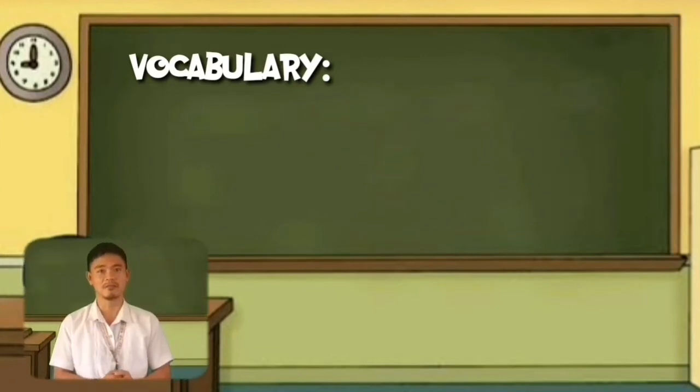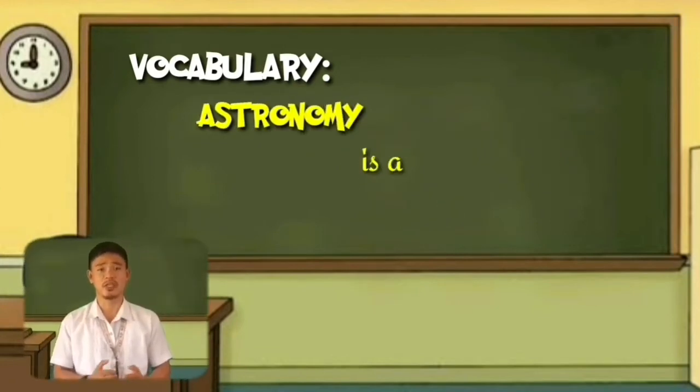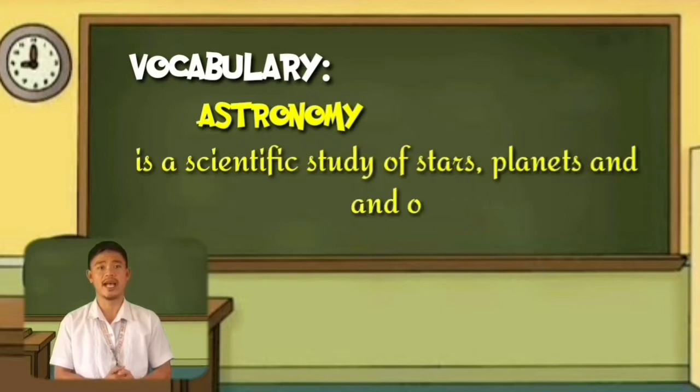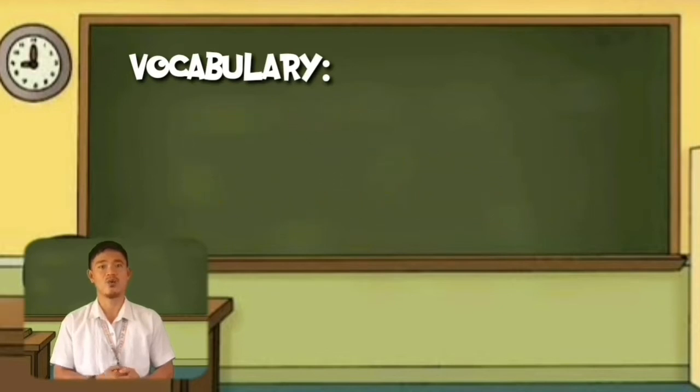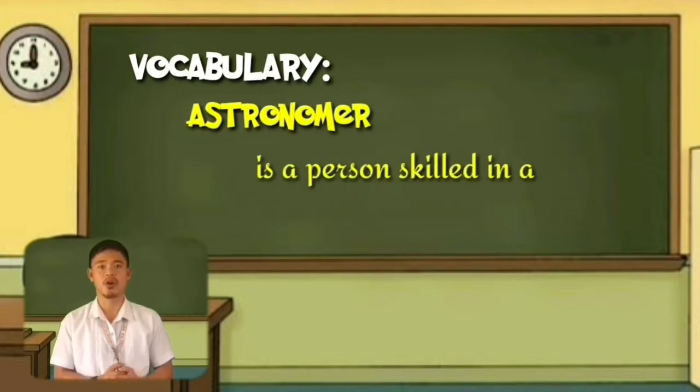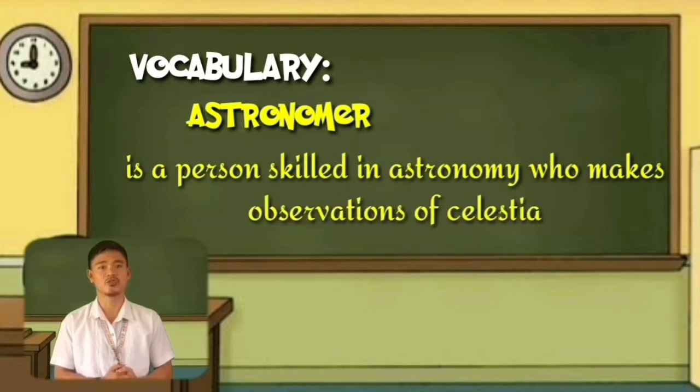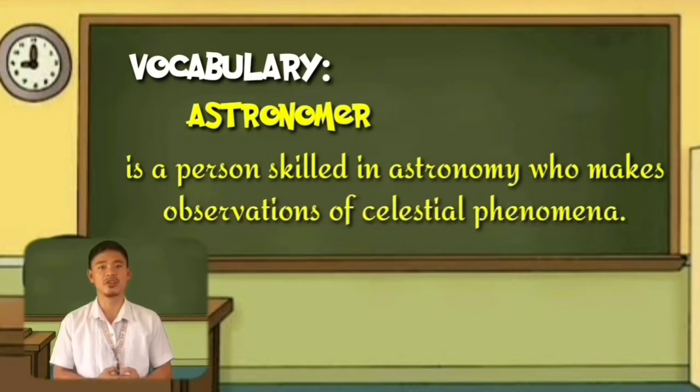Let's begin with astronomy. Astronomy is the scientific study of stars, planets, and other objects in outer space. While an astronomer is a person who is skilled in astronomy, who makes observations of celestial phenomena.